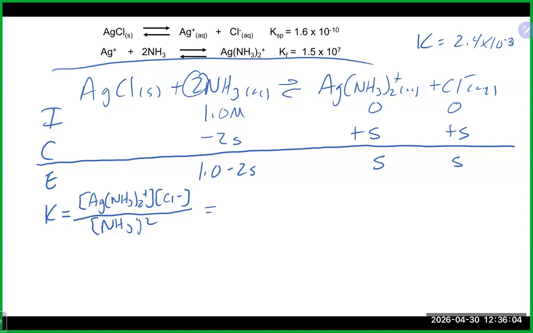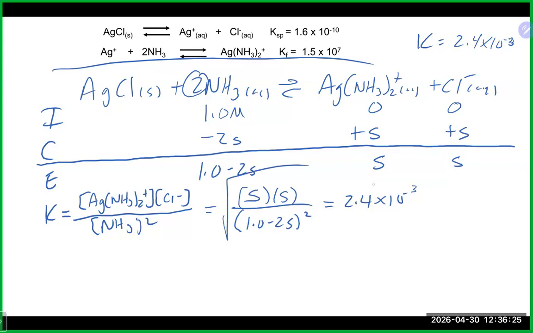So popping in our numbers, that's going to give us an S times an S divided by 1 minus 2S squared is equal to 2.4 times 10 to the minus 3. Well, being professionals we are, I see a big square root. I hope you do too. Yes, so we can square root both sides there, and that's going to reduce this down to S divided by 1 minus 2S.